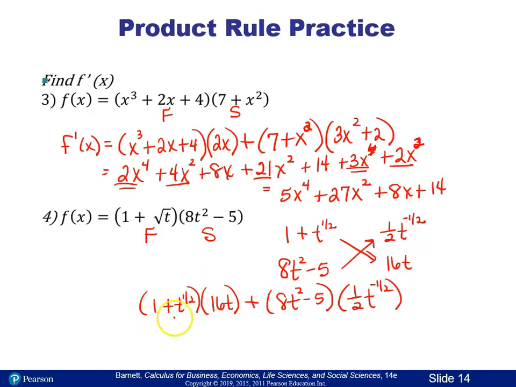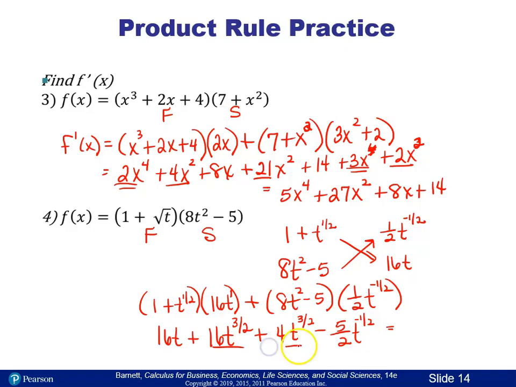If you wanted to distribute, you'd have 16t plus 16t to the 3/2 because you'd add those exponents together. Here, if you're distributing, 8 times 1/2 would be 4t, add your exponent, so that would be to the 3/2, and then minus 5/2 t to the negative 1/2.